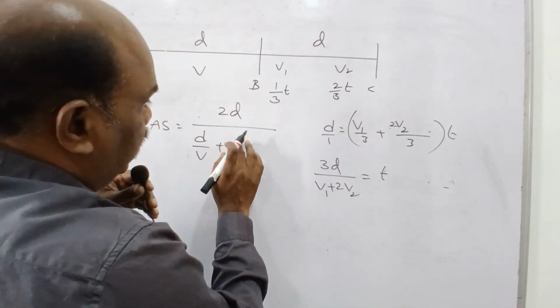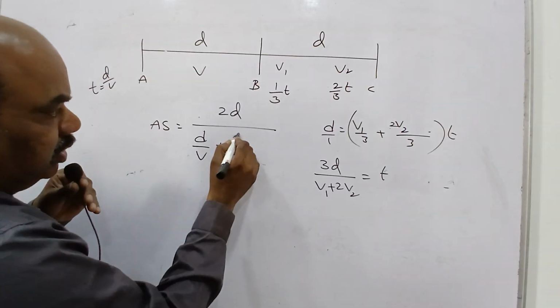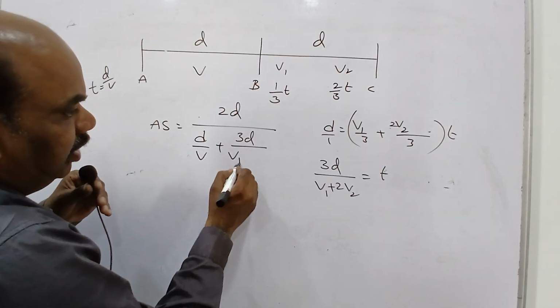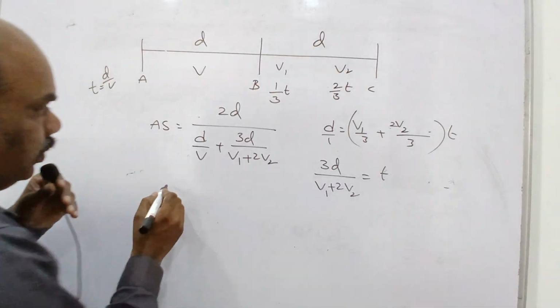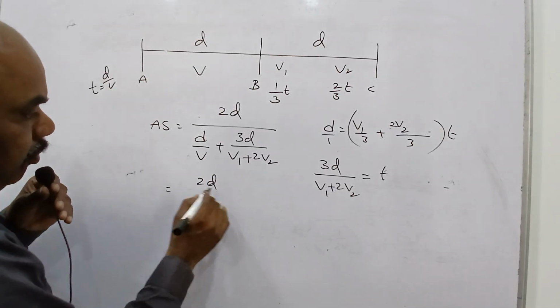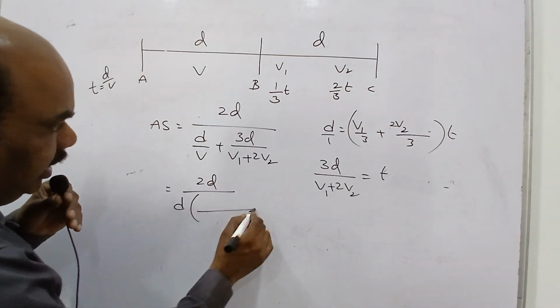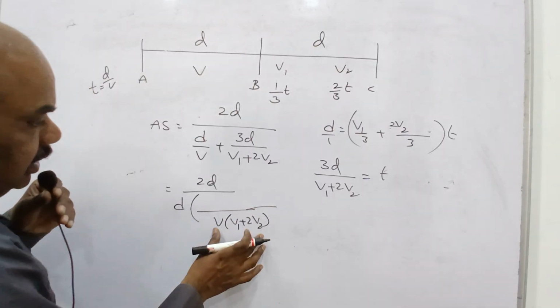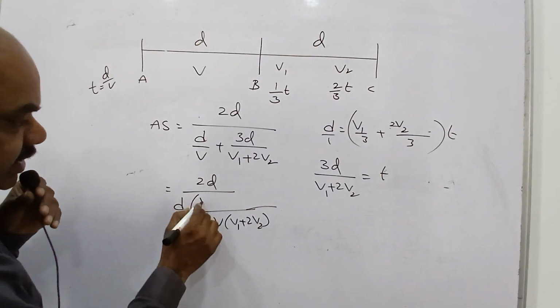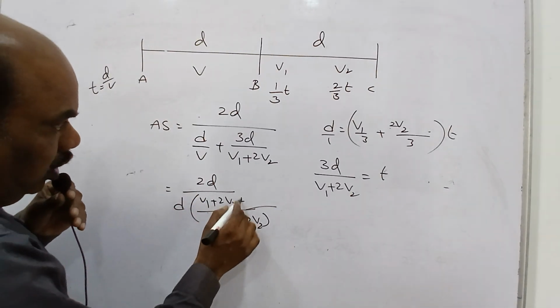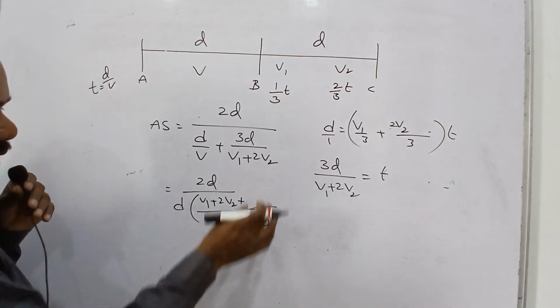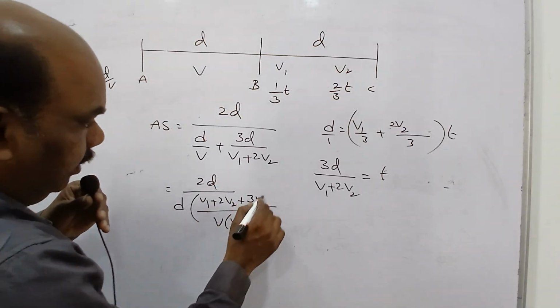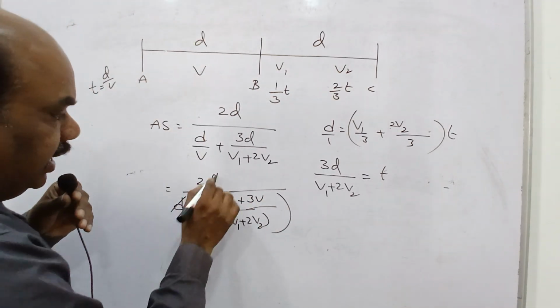This t value, the time, you need to substitute: 3d by v1 plus 2v2. Here 2d, d common, v into v1 plus 2v2. Here this total LCM divided by v gets cancelled, v1 plus 2v2 plus this total LCM by this part will cancel 3v. So d, d gets cancelled.